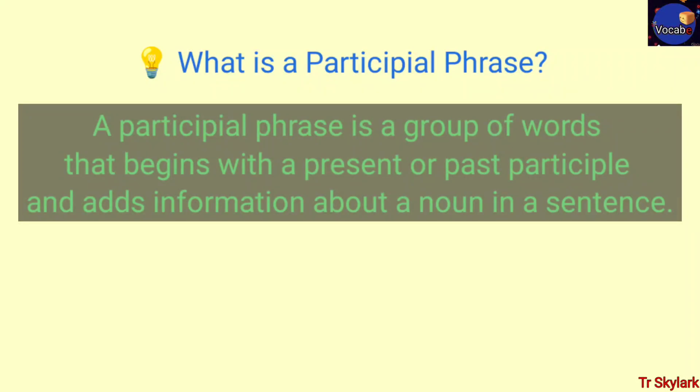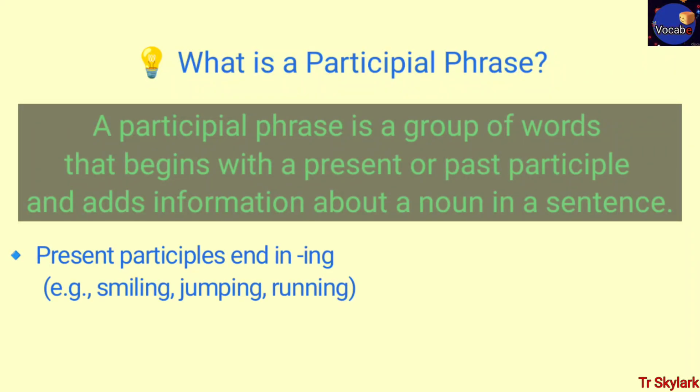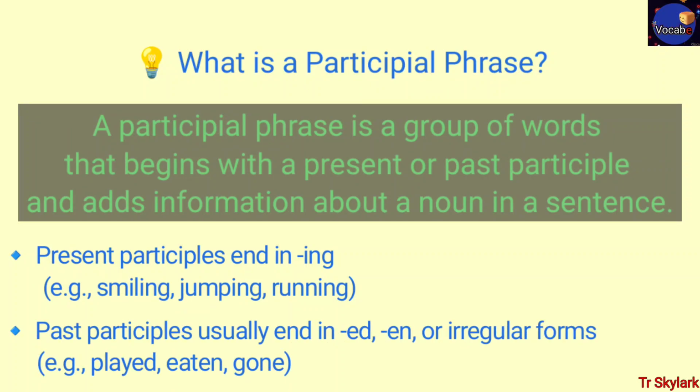So a participial phrase, not compound, is simply a group of words starting with a participle that adds extra detail about a noun. Present participles end in ing, for example, smiling, jumping, and running. Past participles usually end in ed, en, or irregular forms like played, eaten, gone.